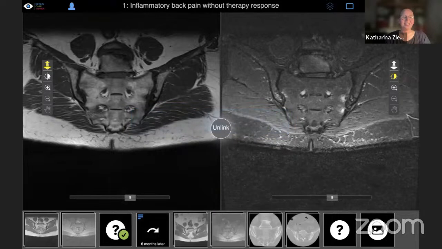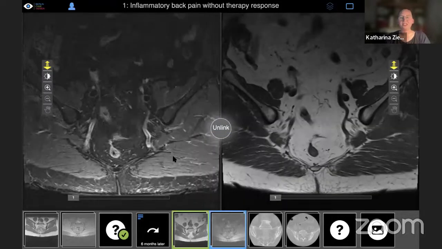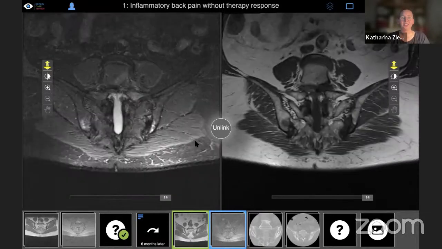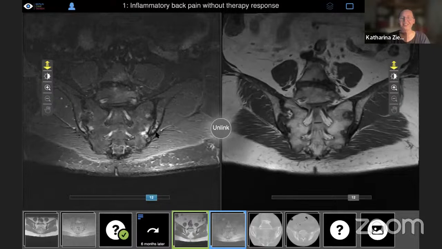Okay, so six months onwards, the patient is still in pain. We did another scan, and for the sake of time, I'll just do this a little bit more quickly. We still see something that we would have to call bone marrow edema here.